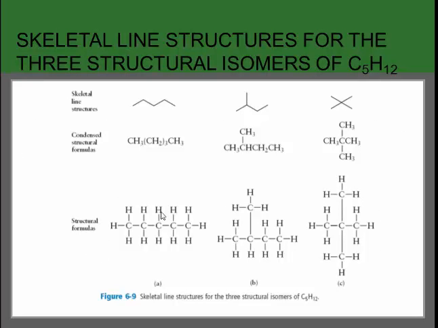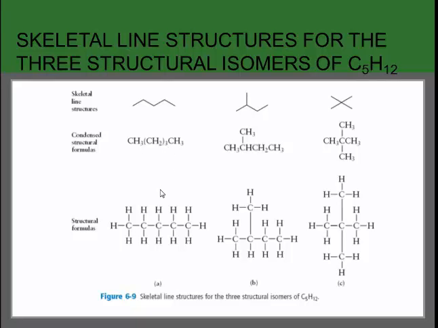So we can look at skeletal line structures here for the 3 structural isomers of C5H12. We already looked at these when we learned about structural isomers. So the straight chain structural formula, we can condense that into this shorthand where we just write each group without any bonds, and we've condensed all 3 CH2 groups into this small CH2 in parentheses with a 3.